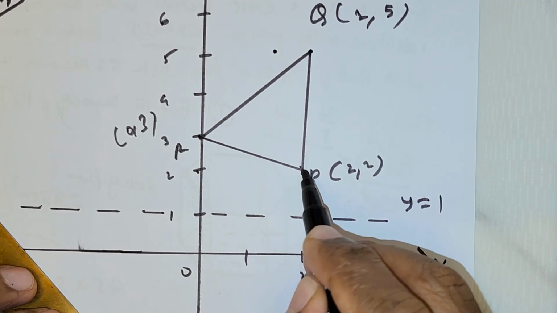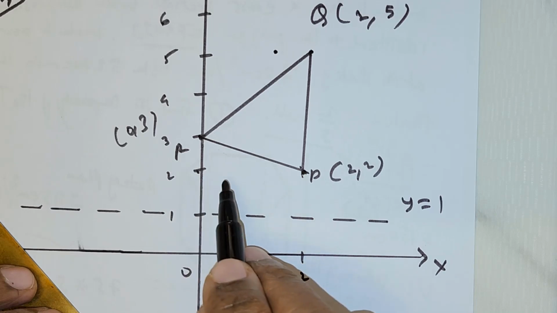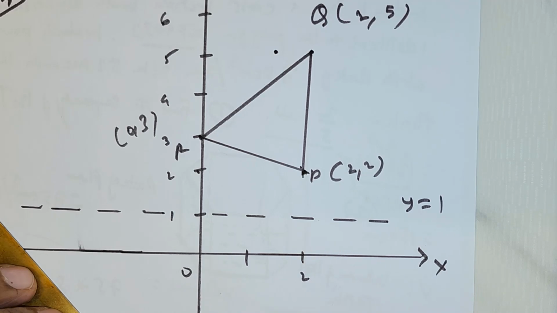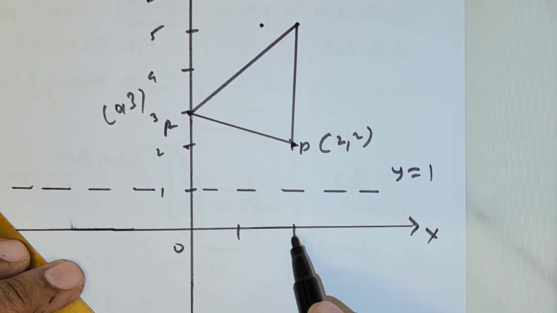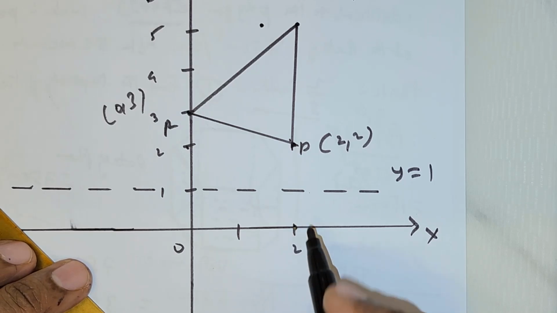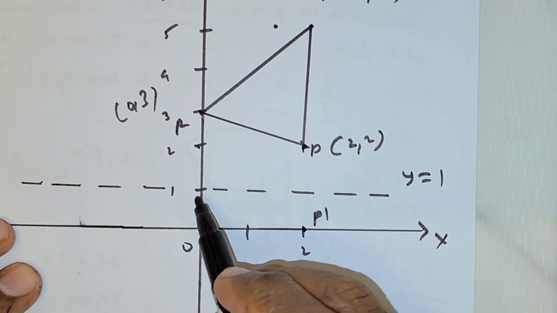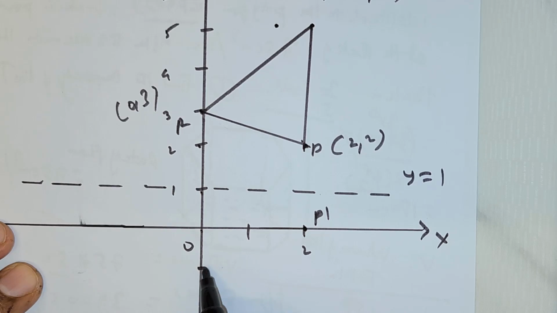Okay. Now the difference between the distance between y = 1 and P is 1 unit. So P will start over here. This is my new P. And the distance between R and y = 1 is 2 units. So this is 1 and this is minus 1.